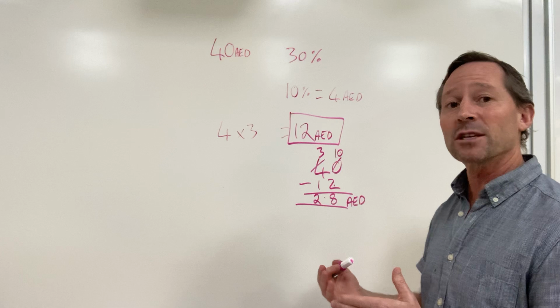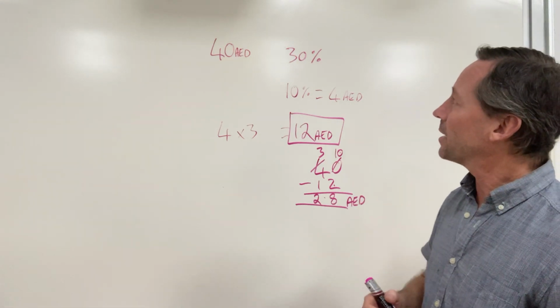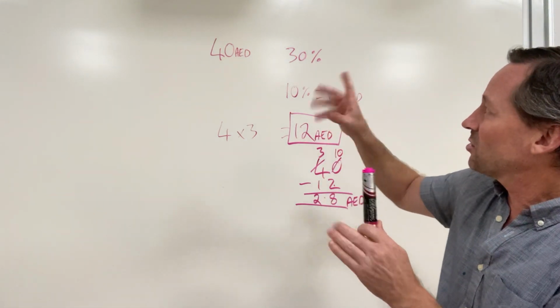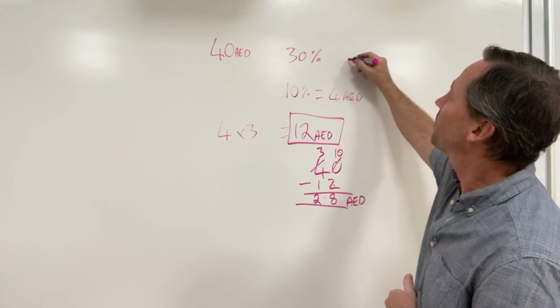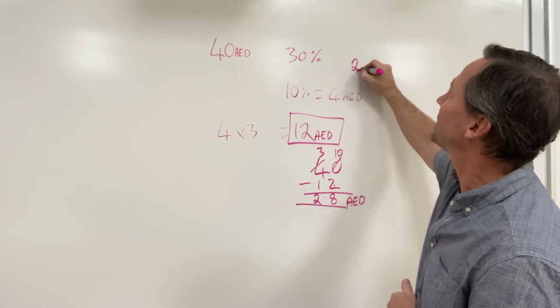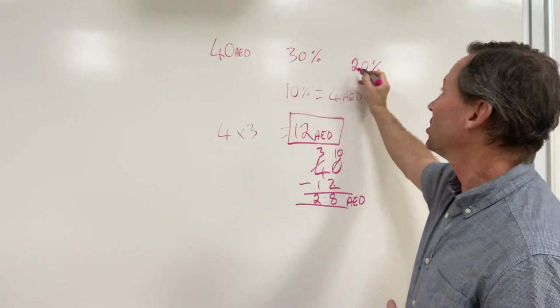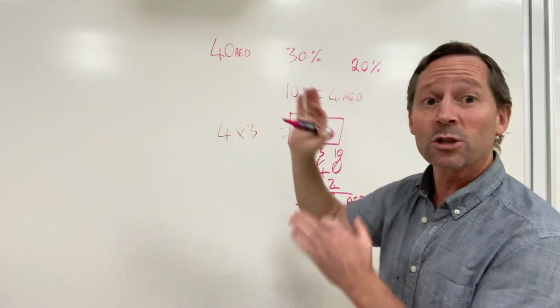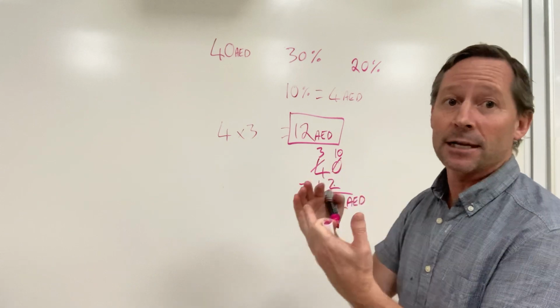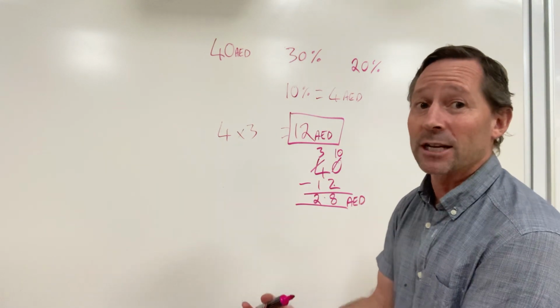There are different ways to do this. Give it a go. Let's quickly do, what would it be if it was 20%? 20% of 40. You could just do 20 times 40, or 2 times 4 is 8. It's going to be 8 dirhams you're going to save.